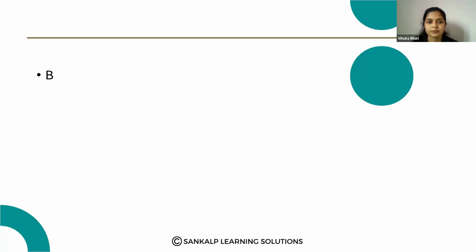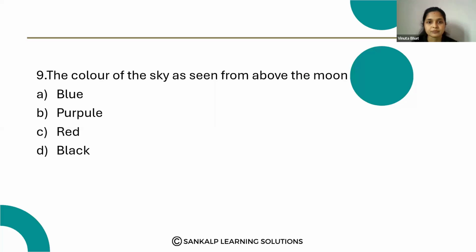Next question. The color of the sky as seen from above the moon. Option A, blue. Option B, purple. Option C, red. Option D, black. If you observe the sky from the moon, it does not look blue, purple, or red. It looks black.